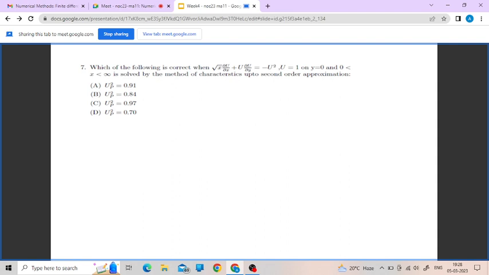Solve it using the method of characteristics. The hyperbolic equation is root x del u by del x plus u del u by del y equals minus u square, and the condition you have been given is u equals 1 on y equals 0, where x lies from 0 to infinity.